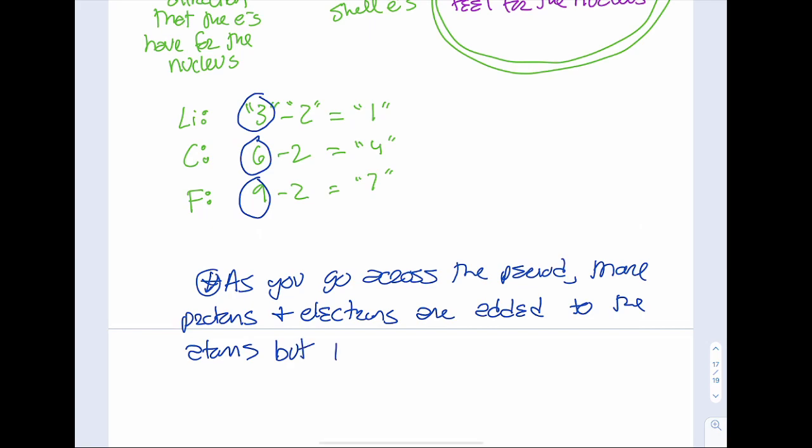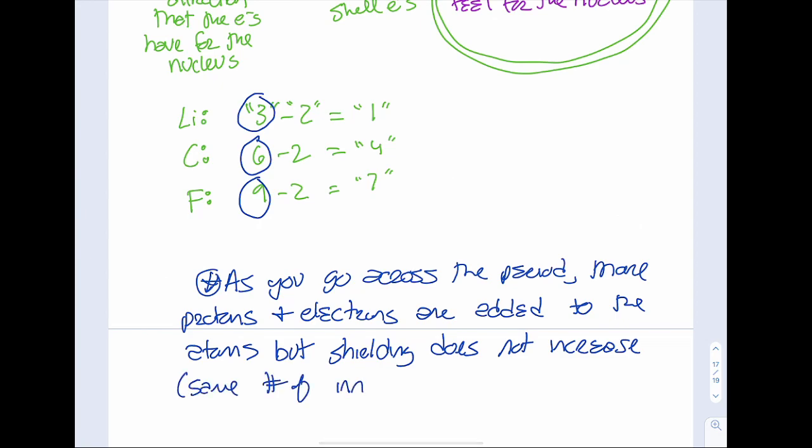But shielding does not increase. They have the same number of inner shell electrons. If I look, my number of inner shell electrons is 2 for all of those.